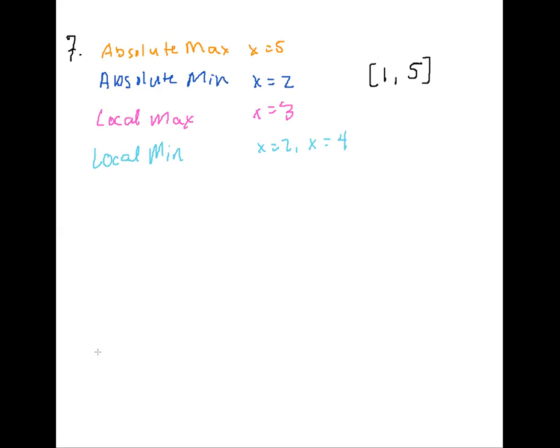So what are some things that you notice about this, or what maybe should I start by drawing? I'm going to say that this, instead of being 0, this is going to be 1. And over here is going to be 5.